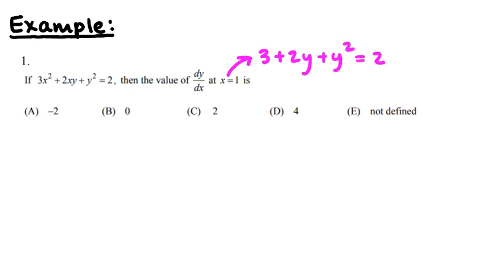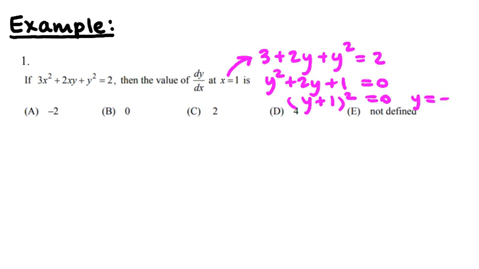I'm going to subtract 2 from both sides and write it in a more sensible order, and then factor it. And I'll conclude that y is only -1. So there's only one place where this happens, which makes sense, since I'm asking for the value of dy/dx. So now I've got the y coordinate.